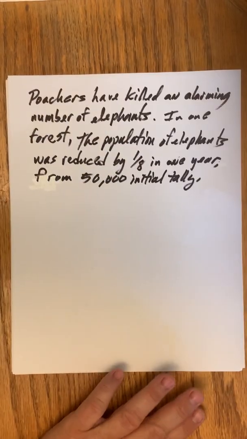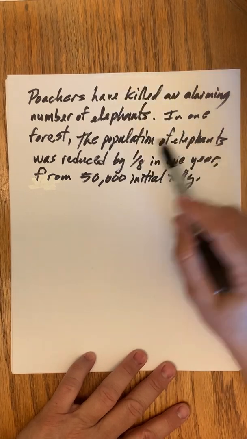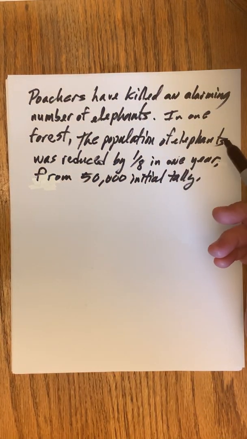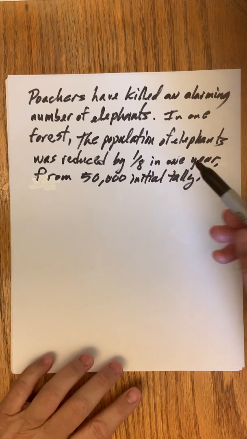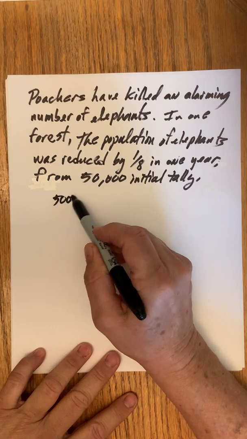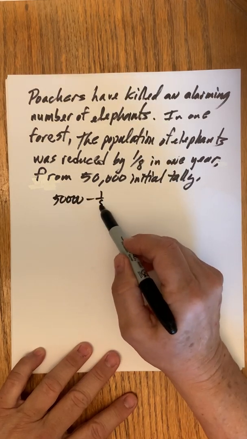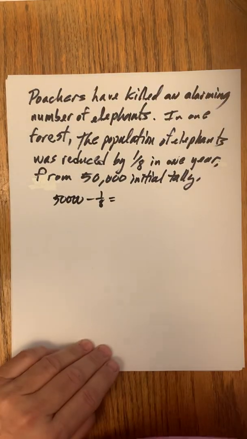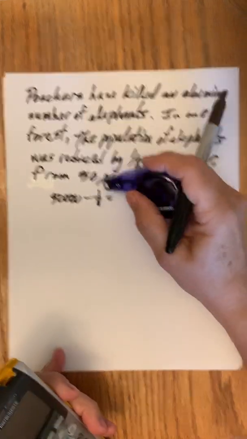So notice the population was reduced by an eighth. So how much do you have left? In a sense, you're saying I want to take 50,000 and subtract an eighth of 50,000 to get what I have left.